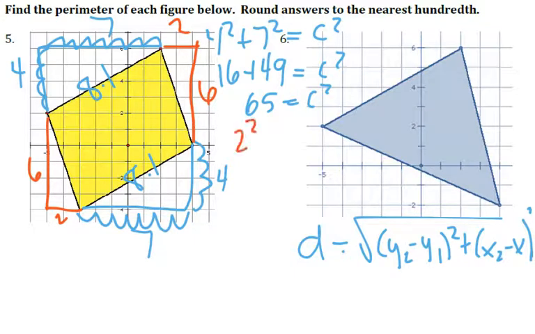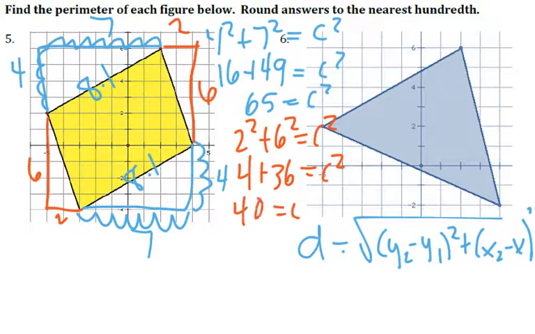So I go 2 squared plus 6 squared equals c squared. 4 plus 36. So we get 40 equals c squared. Take the square root, and we get the square root of 40, about 6.3. So that would be 6.3 and 6.3.